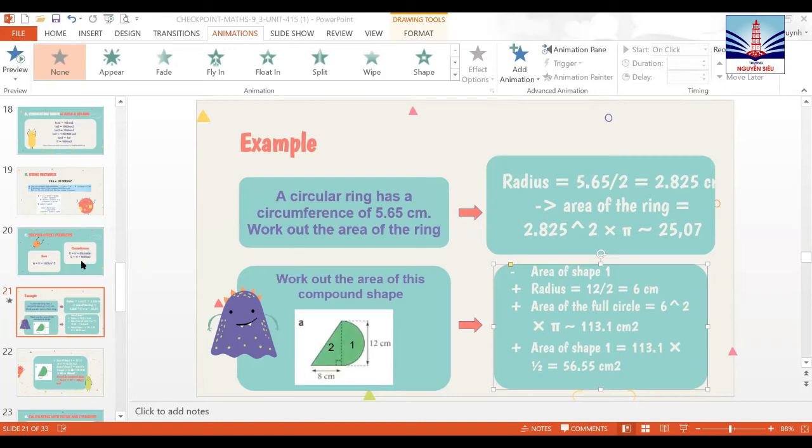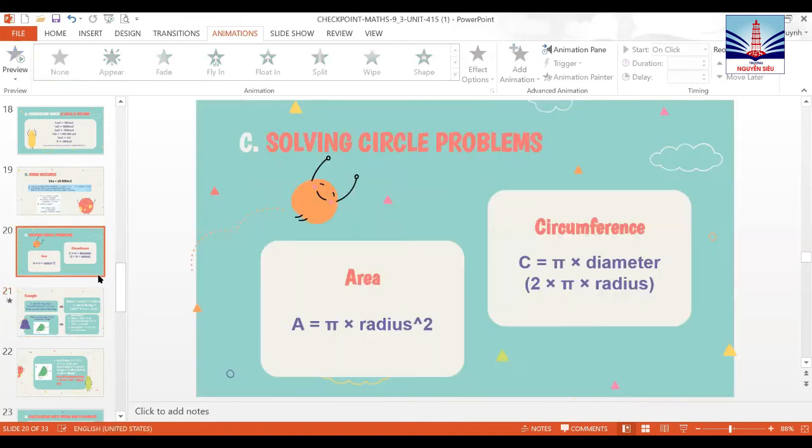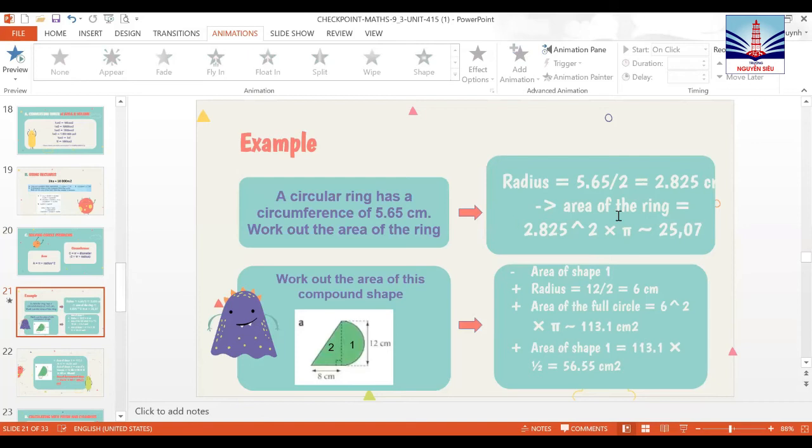So as you can see, the circumference is equal to pi multiplied by diameter. So the radius will be 2.825. And so the area of the ring is about 25.07.